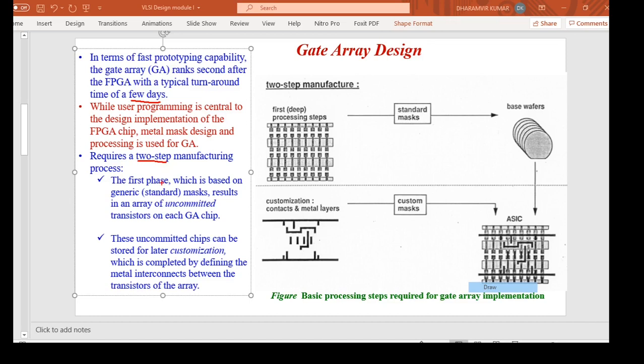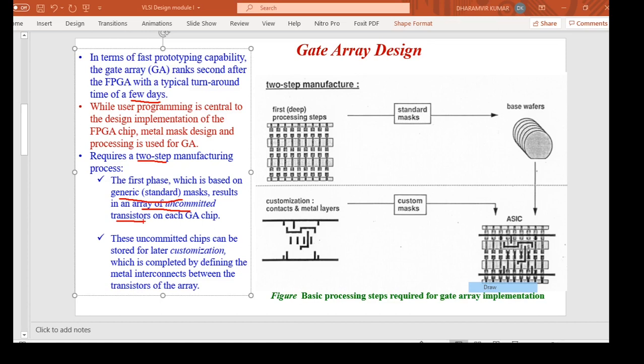So in the first phase, what is done is generic or standard masks are used, and this results in an array of uncommitted transistors. Uncommitted transistors means those transistors which are not being used in any kind of circuit.